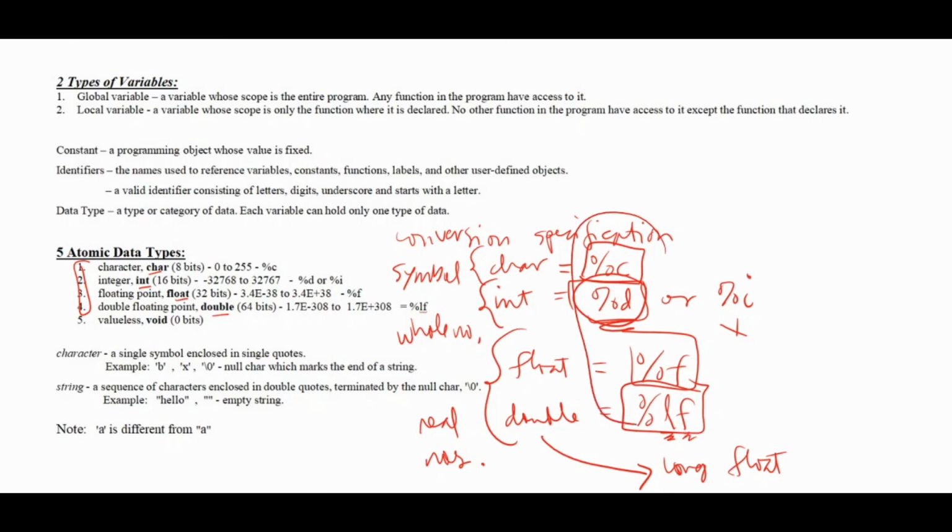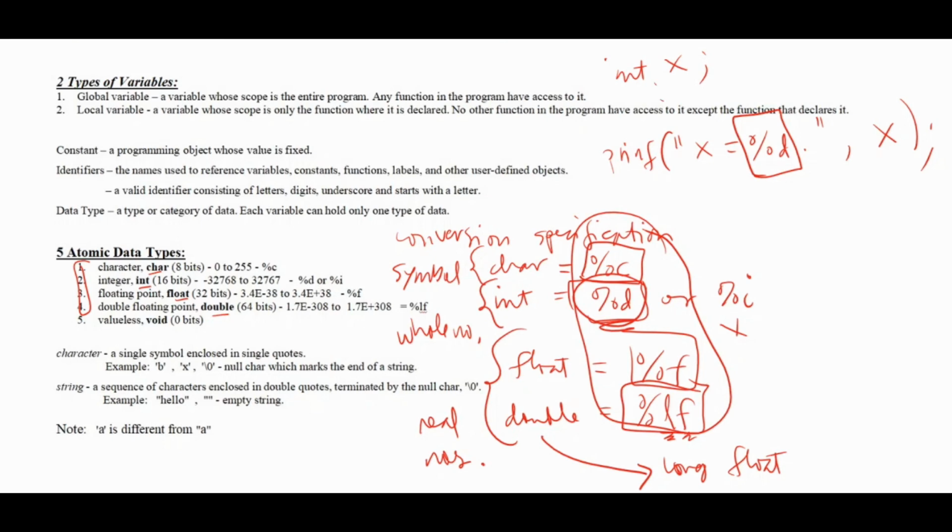When are we going to use this? Now remember, when you're going to display the value of a variable, you would say printf x is equal to %d. And then what you want to display in here is the value of x, right? And you use %d if you declare x as an integer. If you declare x as an integer variable on top, before this one, in the variable declaration.